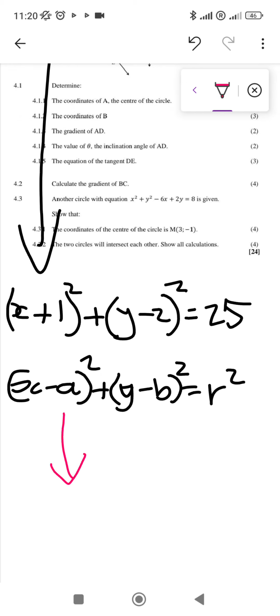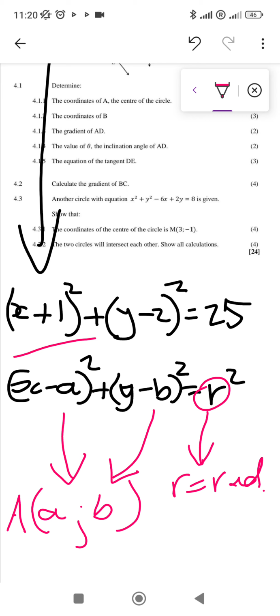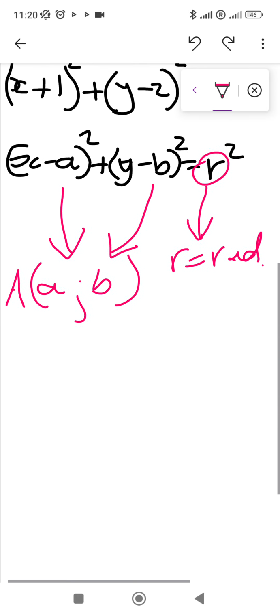We know that the a value and the b value together give us the coordinate of our center, (a, b), and this value over here, r, is our radius. Now the value that goes into the equation is r squared, but the r value itself is our radius.